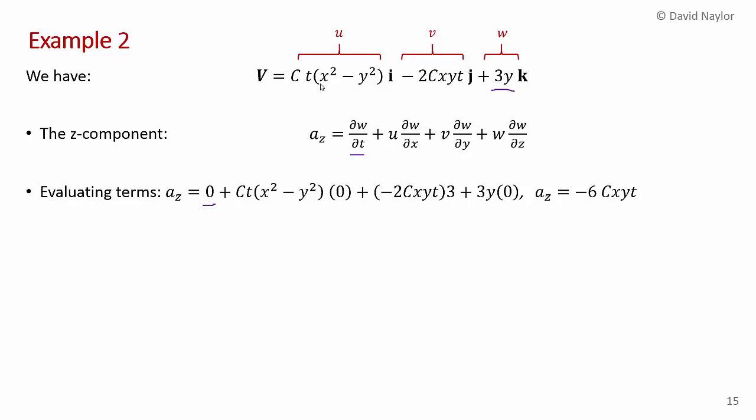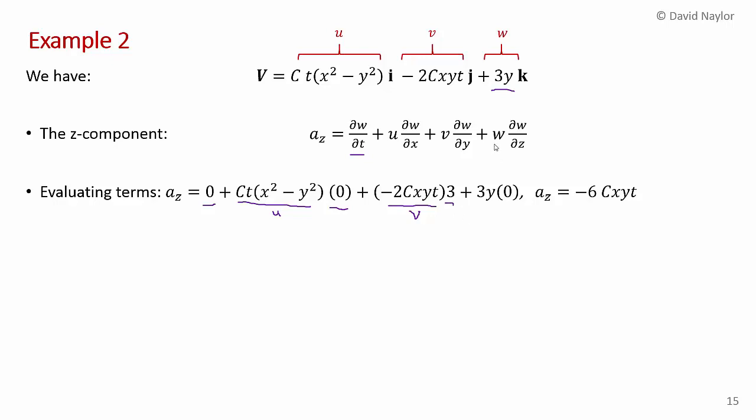U is ct(x squared minus y squared), so there's u. And then ∂w/∂x, well, w doesn't have x in it, so you get 0. I've rewritten v here, minus 2cxyt. There's v. And then times ∂w/∂y. Well, ∂w/∂y is just going to give you the 3.